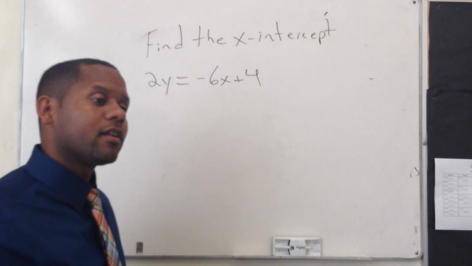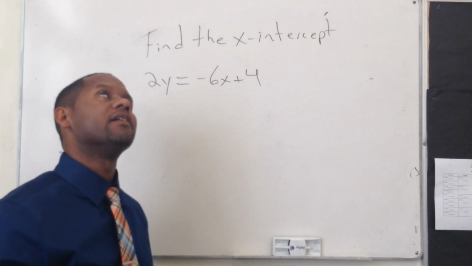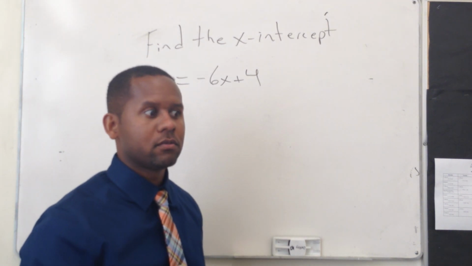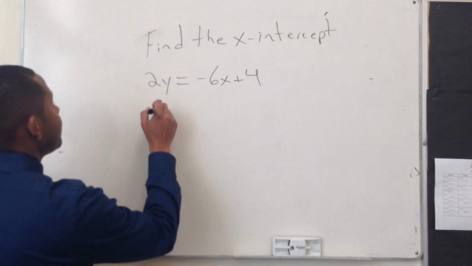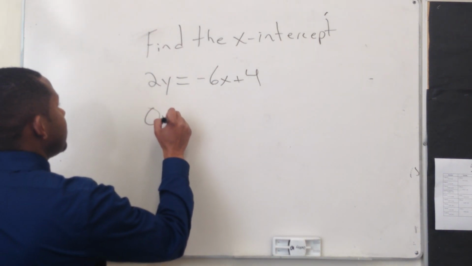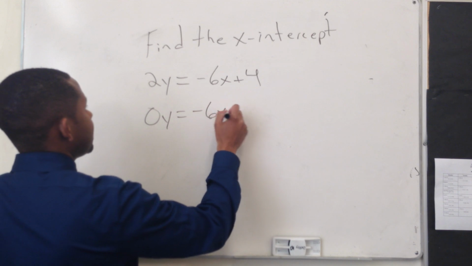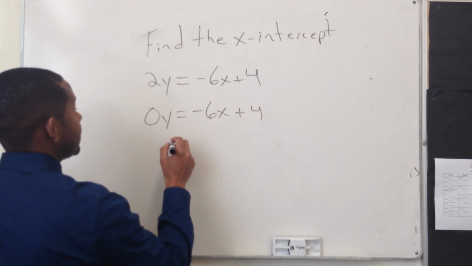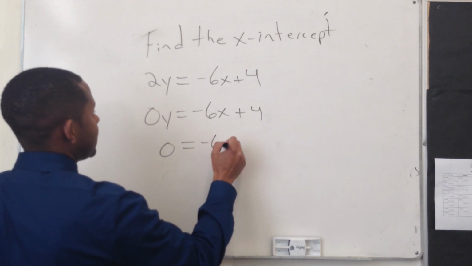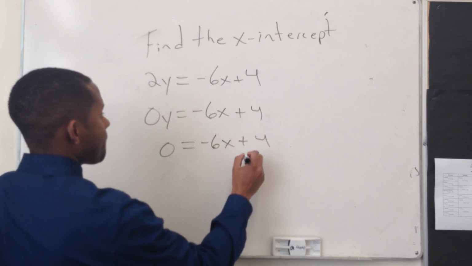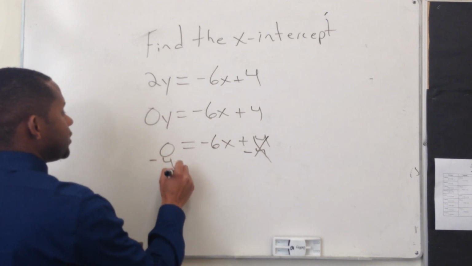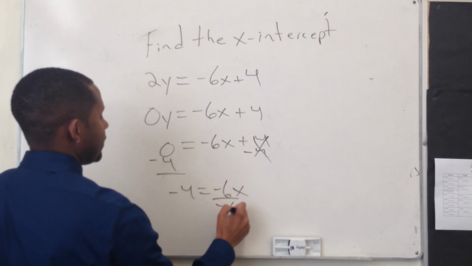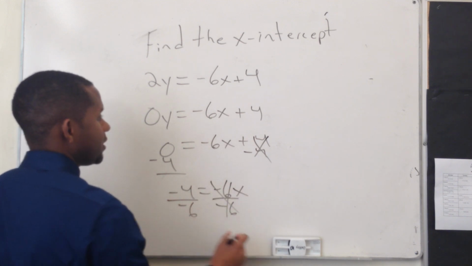Hopefully you just did, and you're thinking, okay, what do I know about x-intercepts? Well, if it's an x-intercept, that means y has to equal 0. So I just plug in 0 for y. 2 times 0 is just 0, equals negative 6x plus 4. Minus 4, minus 4. Divide by negative 6, divide by negative 6.